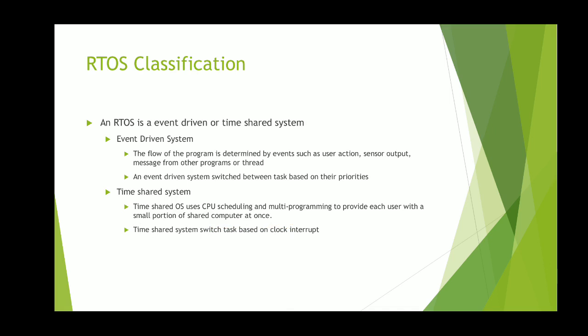And a time-shared system switches tasks based on the clock interrupt. So in a time-shared system, each process will get a slice of CPU time. So each process can execute simultaneously, and each process will get a slice of CPU resources.